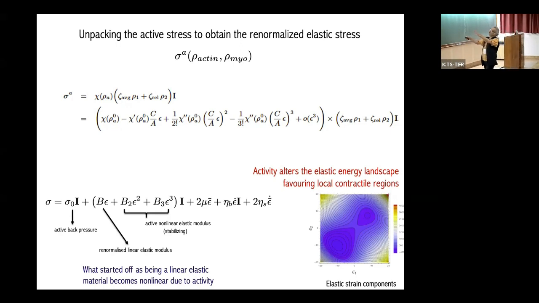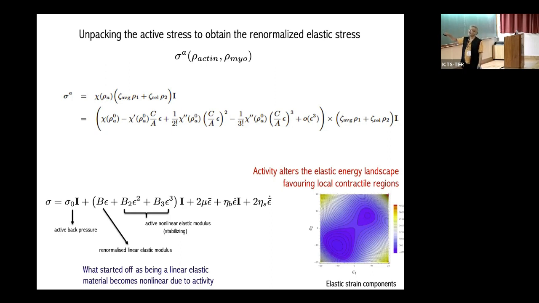Now, if you unpack this and separate terms, what you find is that this active part renormalizes the elastic stress. Initially, we just had an elastic stress where sigma was proportional to epsilon with a coefficient b.